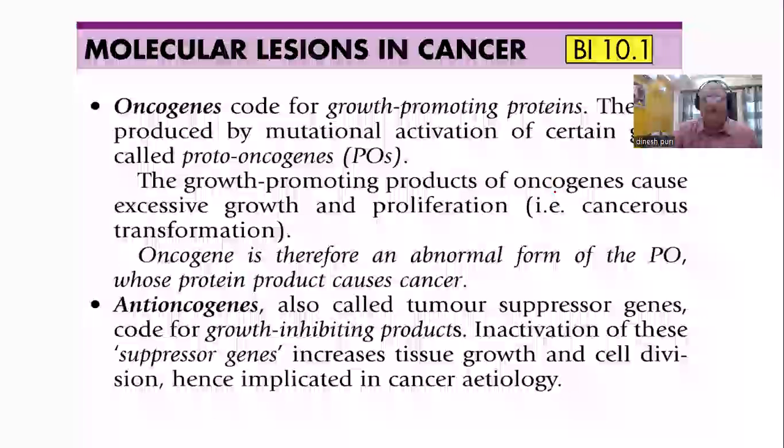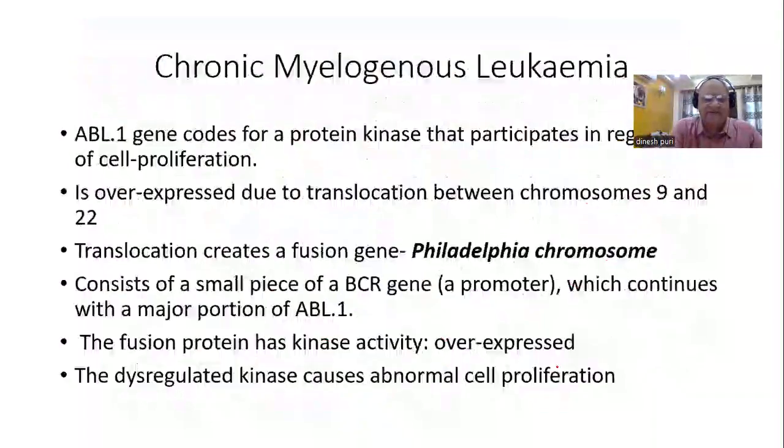So we saw what growth promoting oncogenes are: growth promoting proteins produced by mutational activation of certain proto-oncogenes, and we have seen four or five mechanisms. All right, anti-oncogenes we will be studying some other time, maybe in the next class.